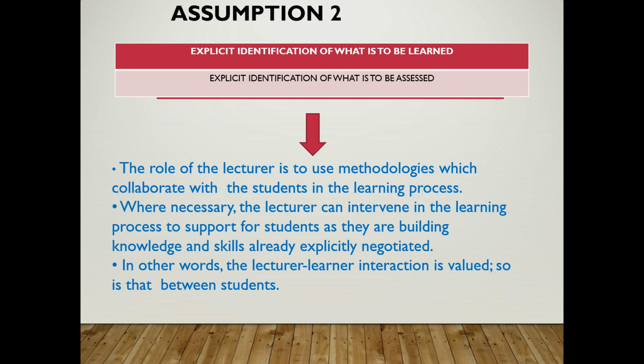Where necessary, the lecturer can intervene in the learning process to support the students as they are building knowledge and skills already explicitly negotiated. In other words, the lecturer-learner interaction is valued, so is that between the students.